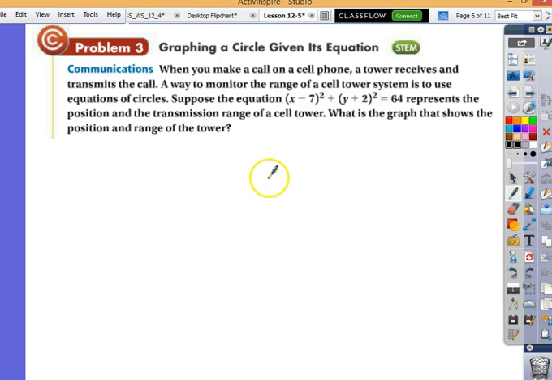All right, graphing. So if I'm going to graph a circle, I need to know where the center is, and I need to know what its radius is. And then I can probably do enough to sketch a graph.